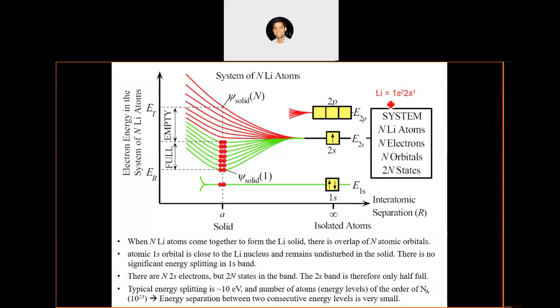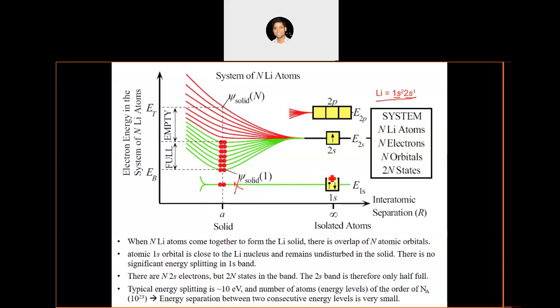First of all, let us look at the electronic configuration of lithium, that is 1s2 2s1. That means there are two electrons in the 1s energy level and there is one electron in the 2s energy level. Because this 1s2 level is completely full, and also it is very close to the nucleus, it will not participate in the bonding, right?